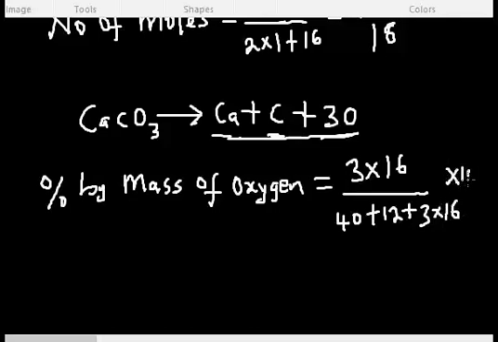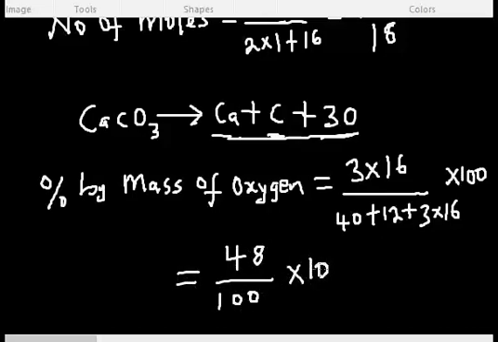Then, expressed in percentage, you need to multiply by 100. So this should be 48 all over 100, times 100. So the percentage by mass of oxygen in CaCO3 is simply 48%.